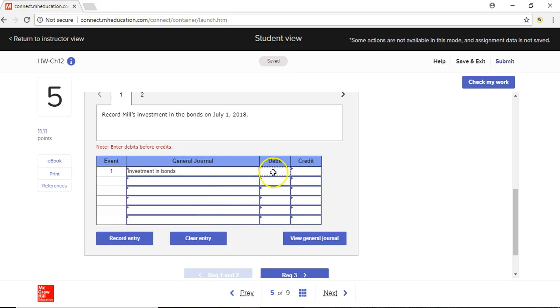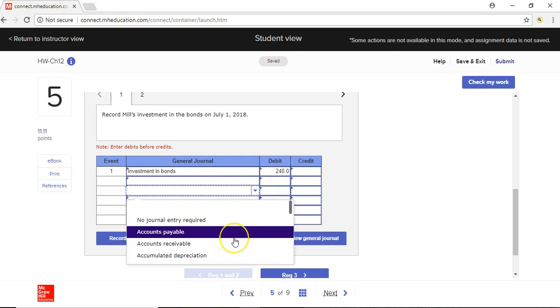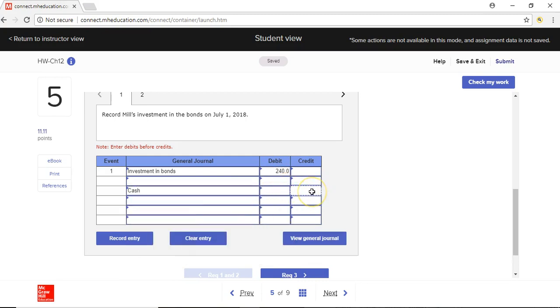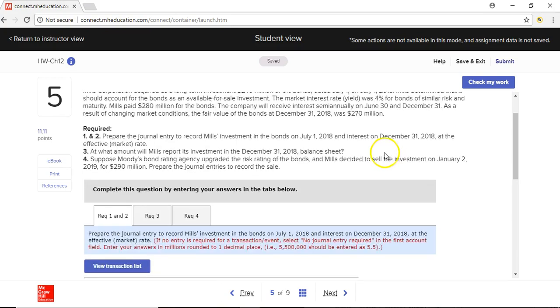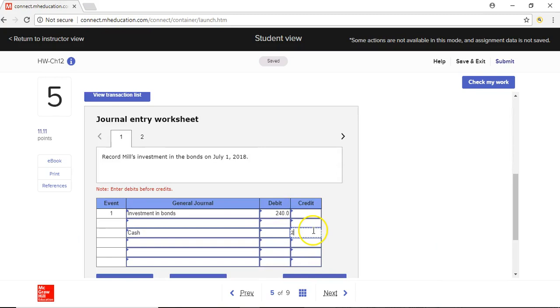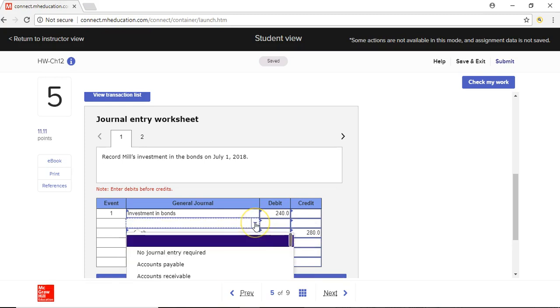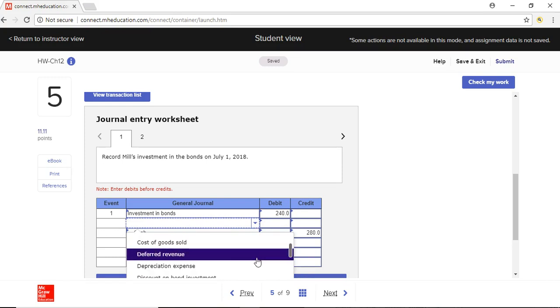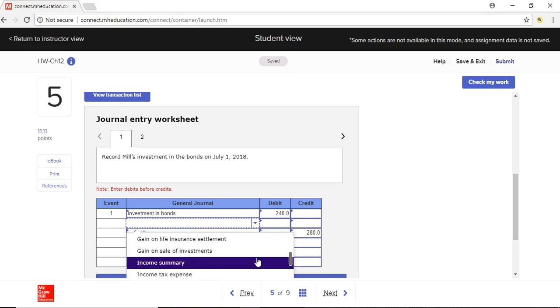For the face value, they purchase these bonds using $280 million. The difference is a debit plug-in, and because the issuer issued these bonds at a premium, the investor also calls it premium.